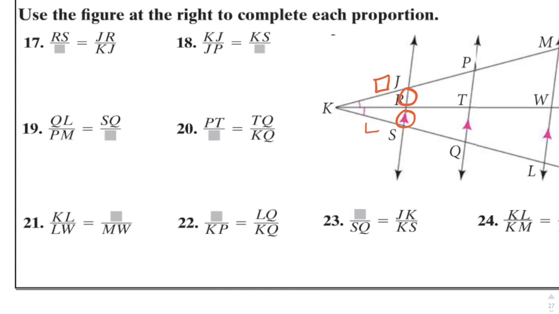Well, the only thing that would match up here is KS. We want to make sure we go in order though. So RS and SK as JR is to KJ.